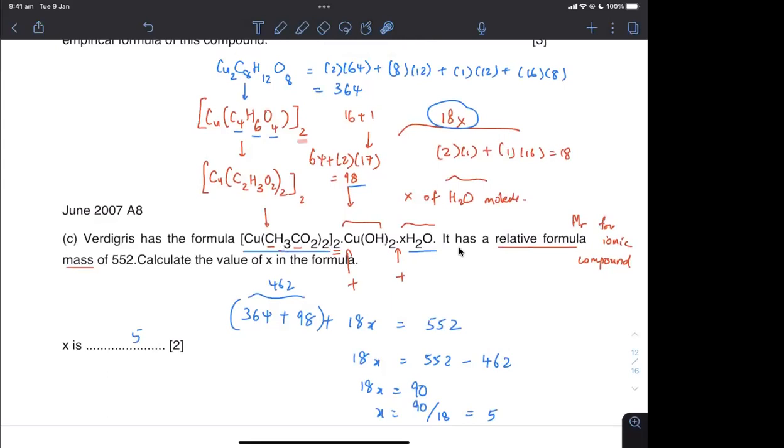Any other questions you want to ask? Multiple choice, structured questions. Nothing at all. This topic is super easy.